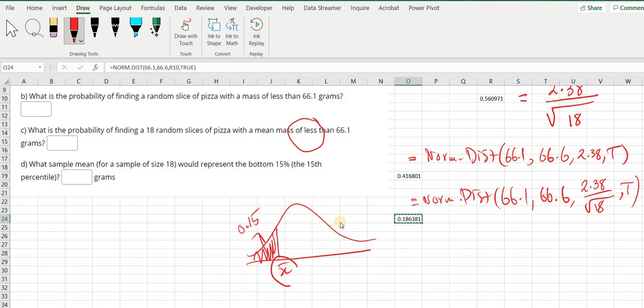Notice how the missing value is a sample mean, because I have a size 18 here, and it gave me the bottom 15%. That means I will use the NORM.INV with the new standard deviation, because I have a sample of size 18 here, and the question is asking about the sample mean.